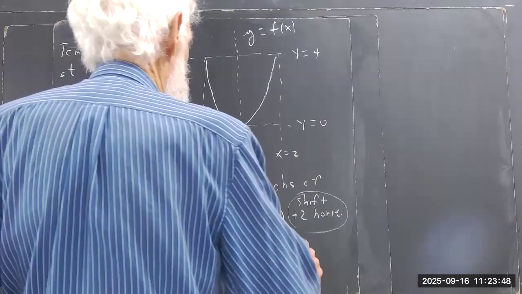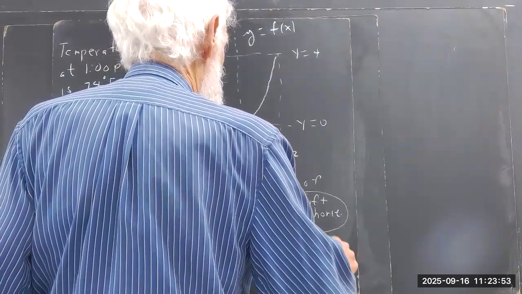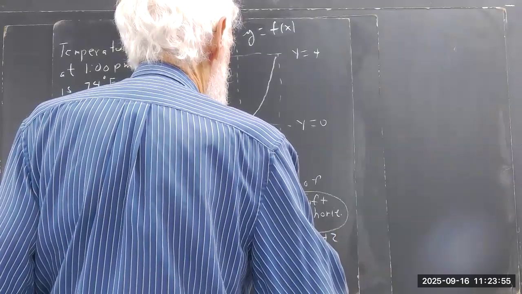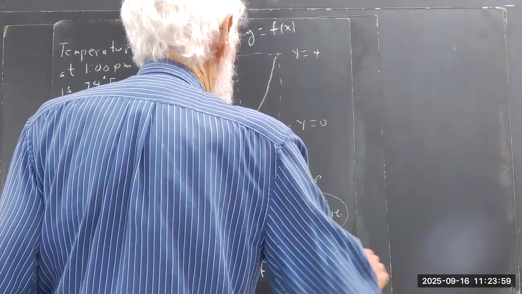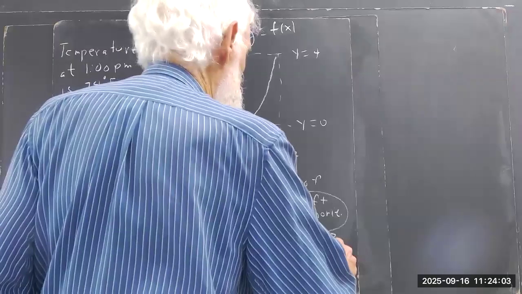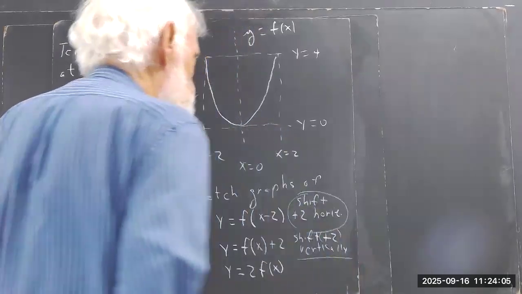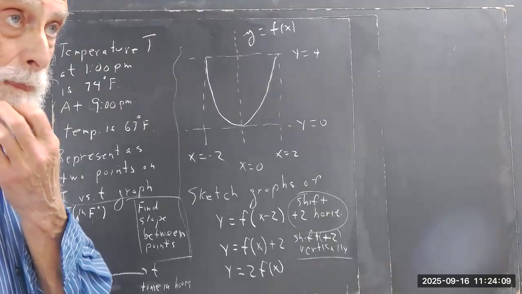F of x plus 2. All right, these are kind of small, and I apologize for that, but shift plus 2 vertically.